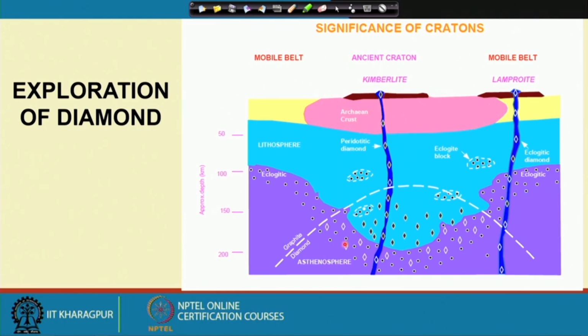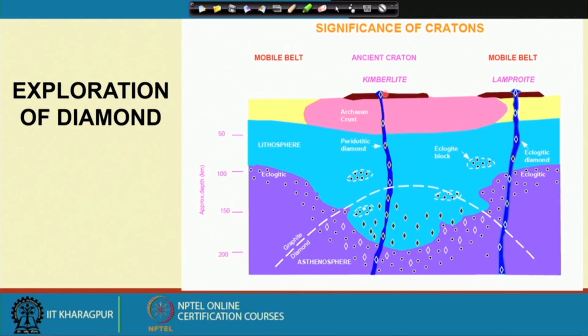So, we know that they are almost as trace as the other precious metal like gold that we discussed before. So, it is basically very difficult to physically find a diamond crystal all the time in a kimberlite pipe.